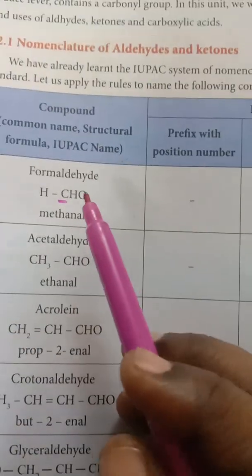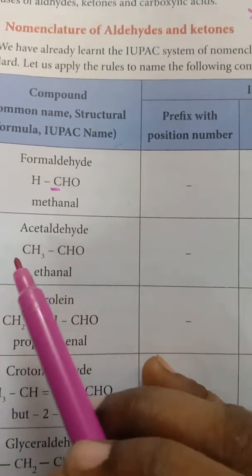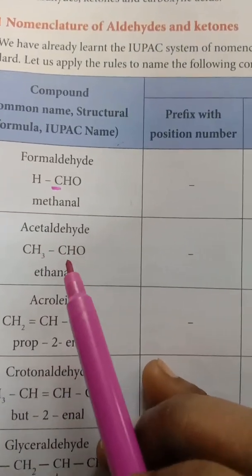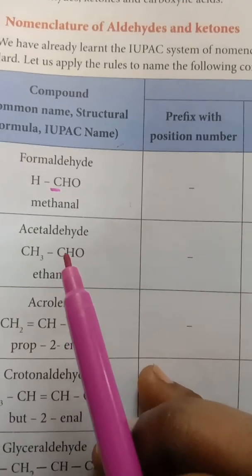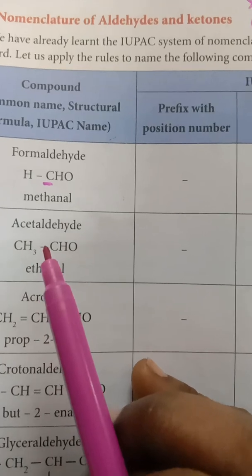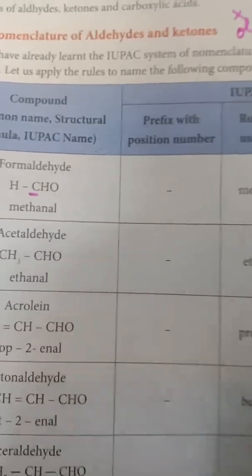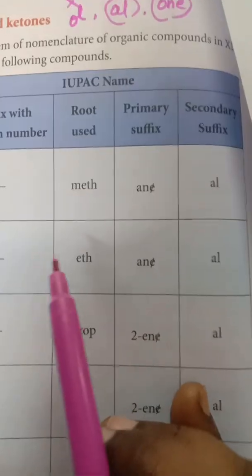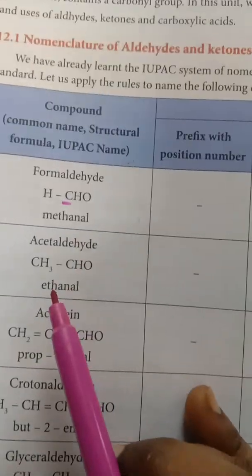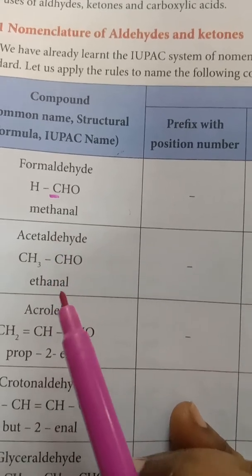So the first one is methanal. Understood? Second, for two carbons, what is the root word? You say eth, right? Then a single bond, so "ane", and an aldehyde group, so "al". So eth-an-al, it is ethanal. The common name is acetaldehyde, the IUPAC name is ethanal.